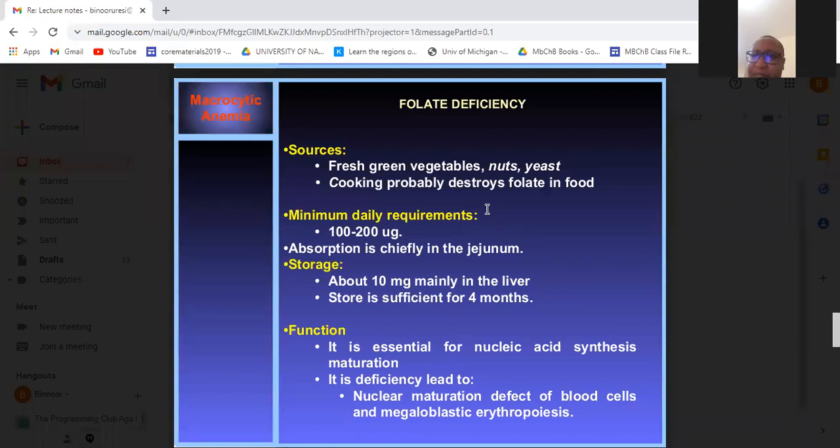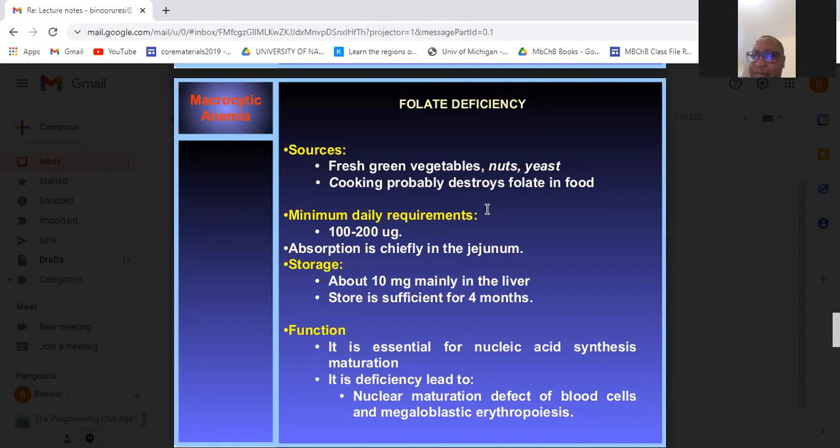That's why for pregnant mothers, we normally supplement them with folate, because most likely they come from rural areas and are overcooking their vegetables, so they do not have folate. And the children are going to suffer from neural defects because of lack of folate from the mother. That's the main reason. The function is the same as B12, essential for nucleic acid synthesis, DNA.